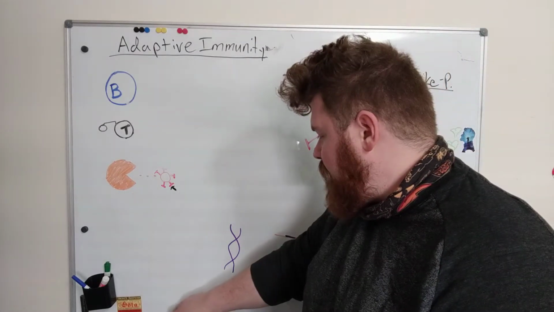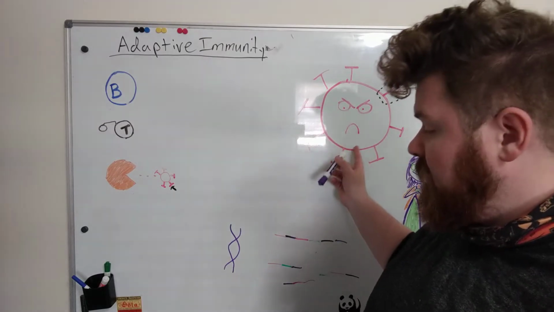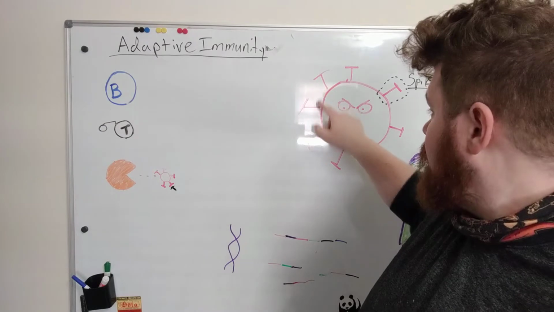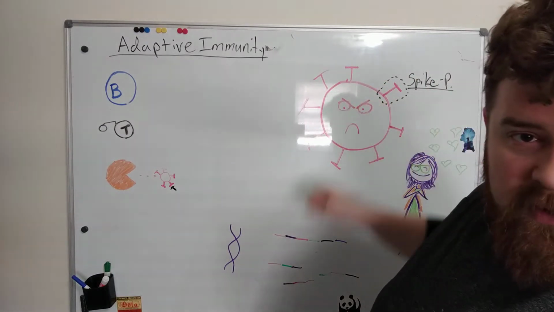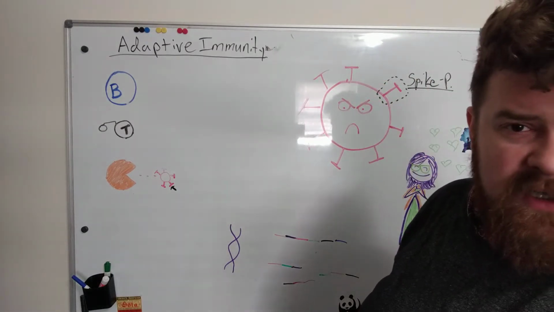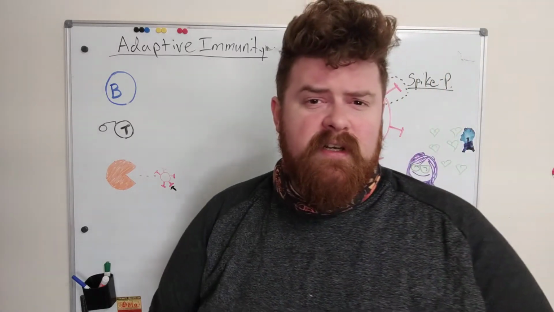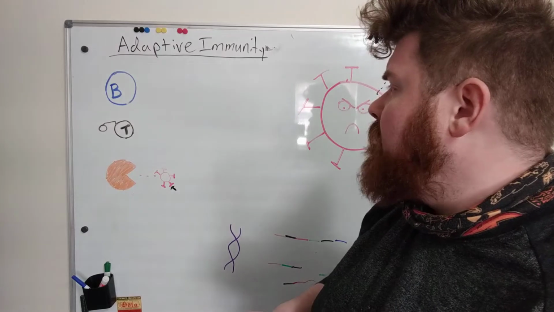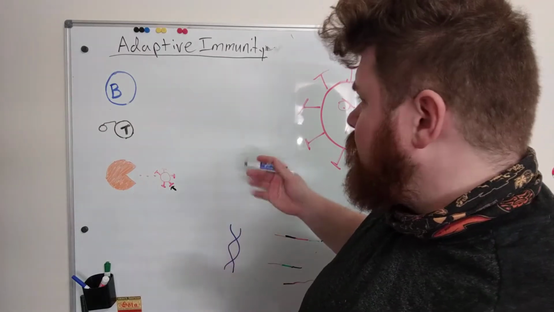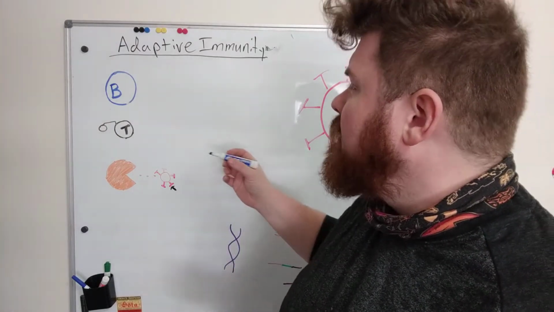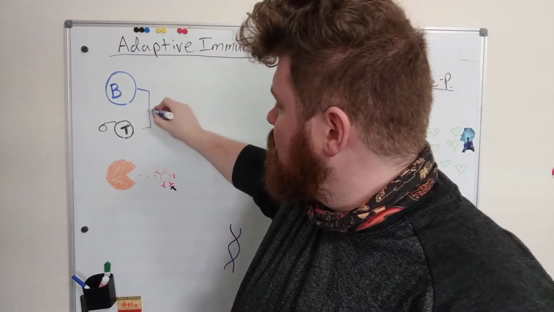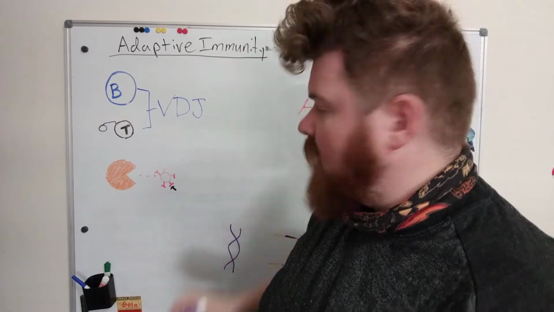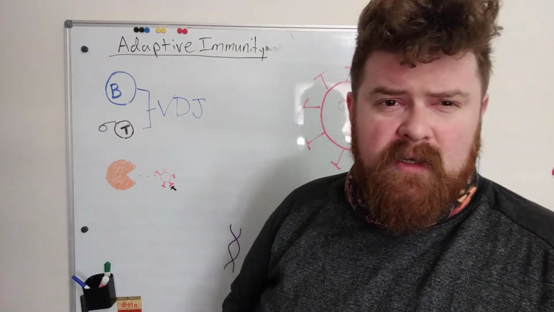Well, if you get infected with this angry guy, on the outside of his viral envelope are spike proteins, is what they're called. These are very specific to the SARS-CoV-2 virus, and what can happen is, when your body is introduced to a foreign pathogen, your B and T cells undergo what is called VDJ recombination.